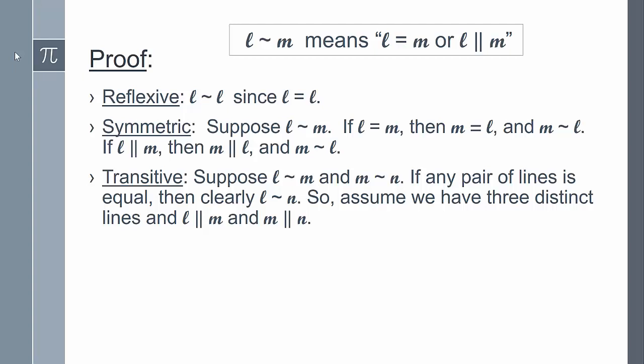So to finish transitivity, we need to show that L is parallel to N. So let's assume to the contrary.